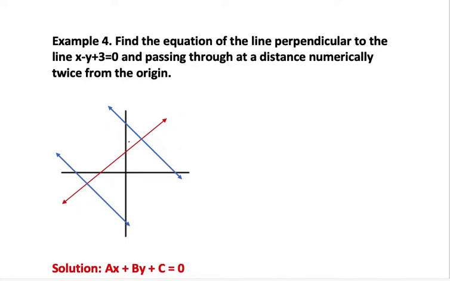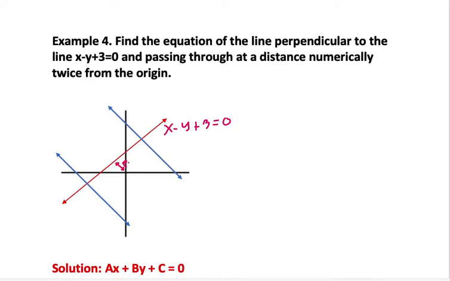So, the red one, as usual, this will be our equation x minus y plus 3 equals 0. The distance p of this equation is around here, so that will be our p.